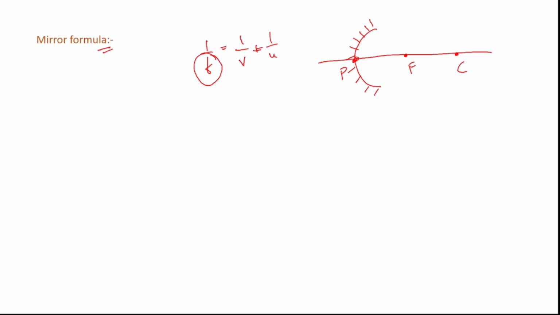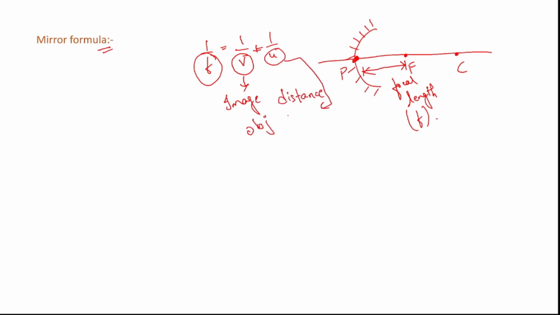The length from pole to focus is called the focal length f. Here v is the image distance and u is the object distance, and f is the focal length. So this is the mirror formula.